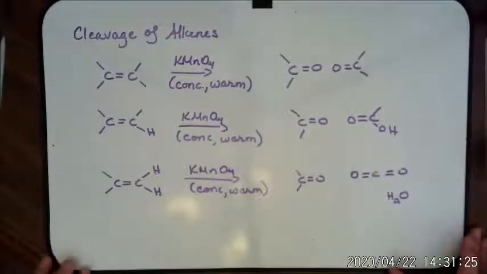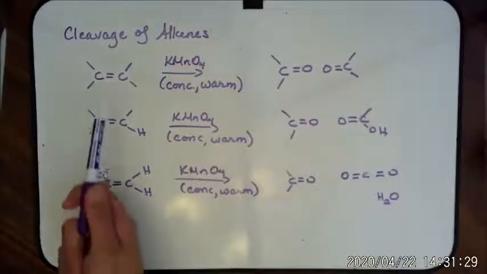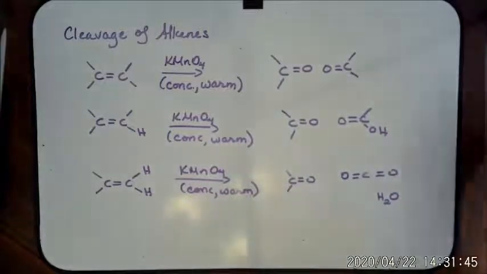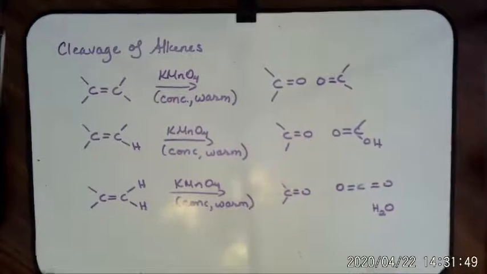Okay, so let's move on to the cleavage of alkenes, the cleavage of this double bond. There are two different types of reagents that we can use. The first one that we're going to talk about is the use of potassium permanganate. We already saw the use of potassium permanganate, where it will add across a double bond to form my diol by doing syn hydroxylation.